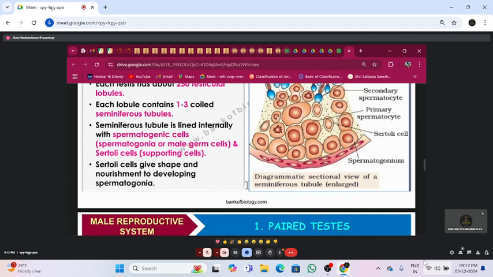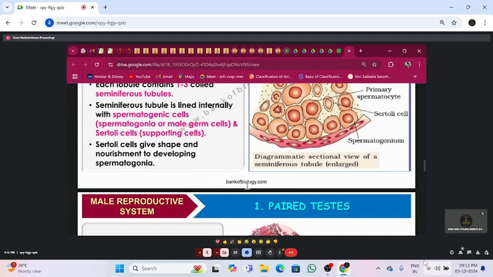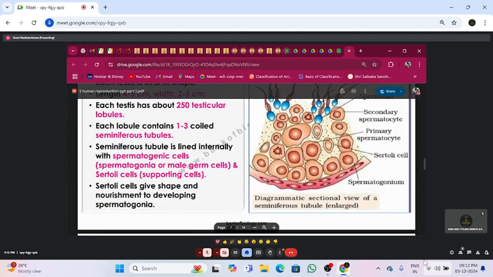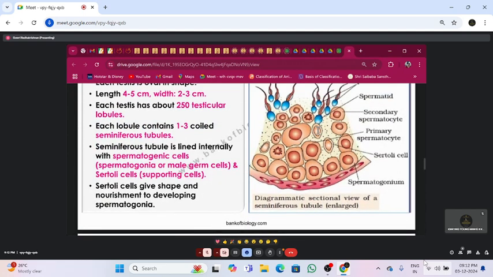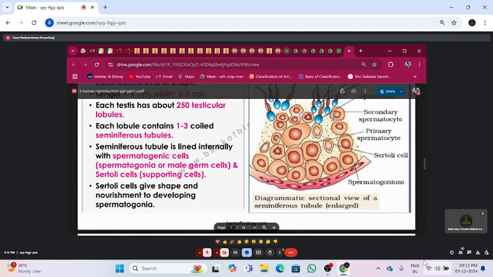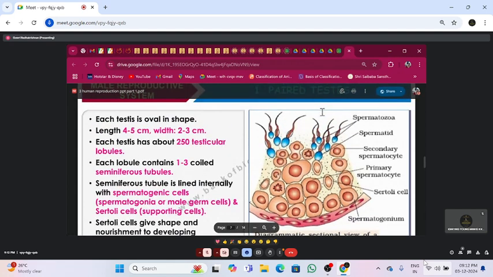Sertoli cells are basically supporting cells; they give shape and nourishment for developing spermatogonia. So these are the Sertoli cells, the primary spermatocyte is this one, these are the secondary ones, and this is the spermatozoa.